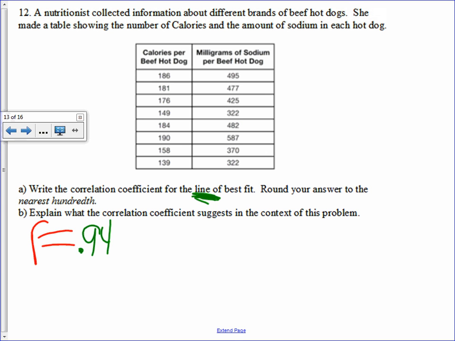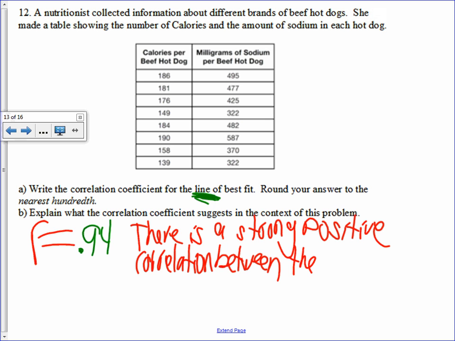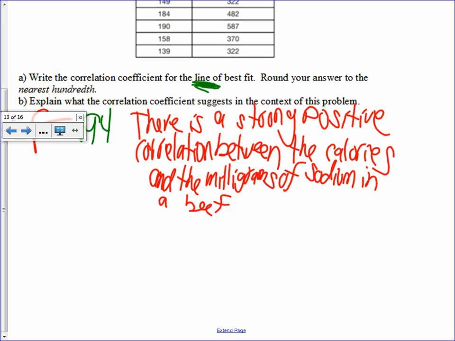So that means there is a strong positive correlation between the calories and the milligrams of sodium in a beef hot dog.